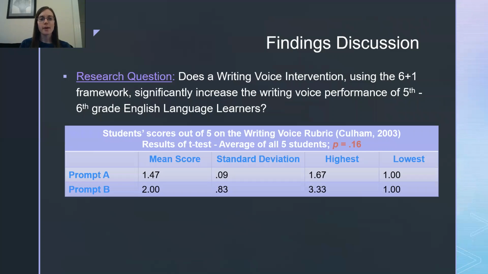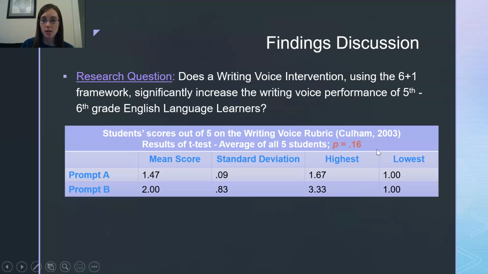So these are my results. For prompt A, the mean score of all 5 students was 1.47 out of 5, and it was 2 out of 5 for prompt B. You can see the standard deviation was much smaller for prompt A, so the scores were all pretty close. But for prompt B, the standard deviation was bigger, so the scores were more spread out, and the highest score for prompt B was actually 3.33 out of 5, which is pretty great.